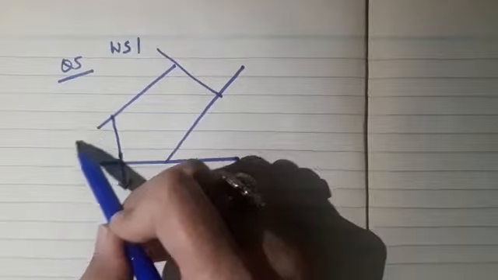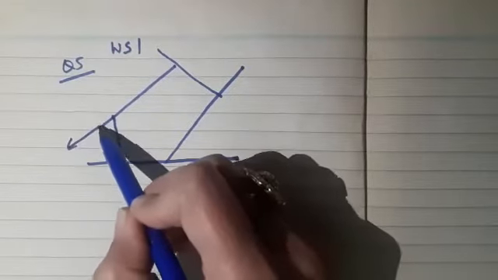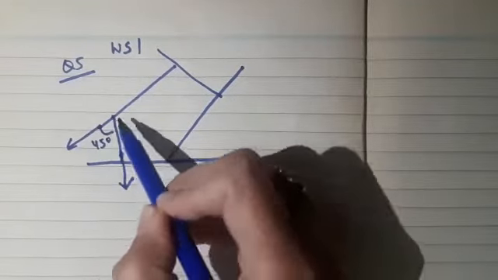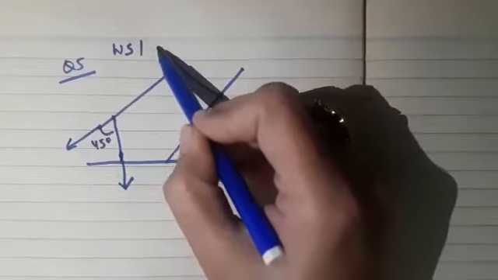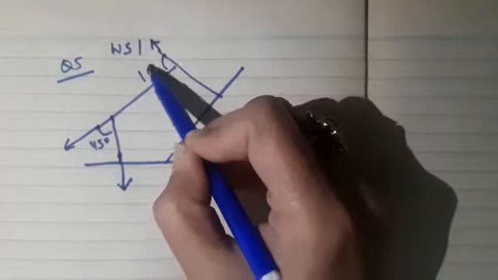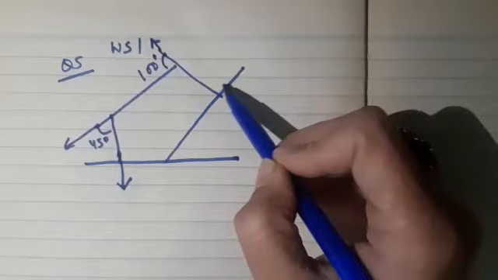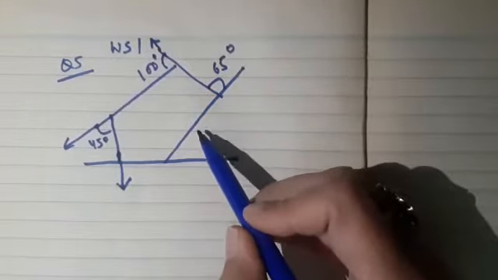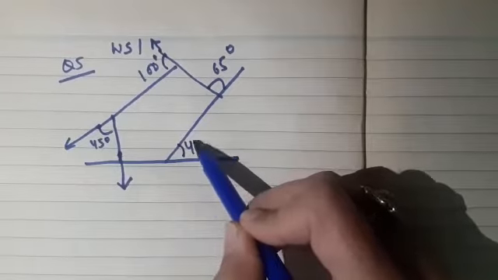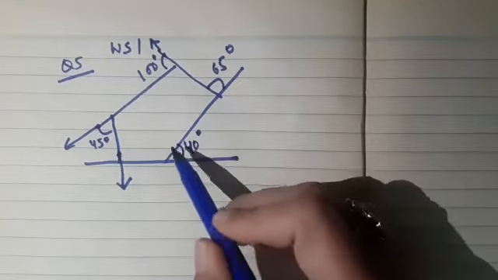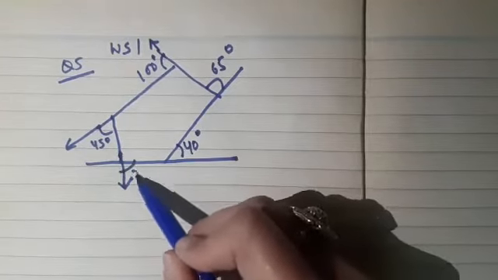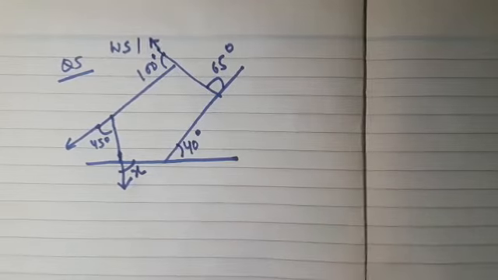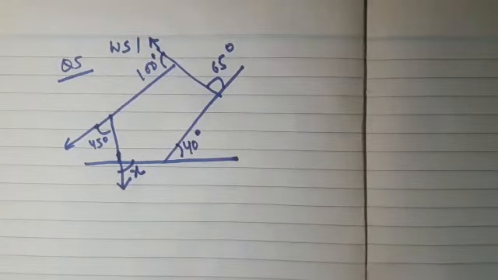Here it is given that this marked angle is 45 degrees, and this marked angle is 100 degrees. This marked angle is 65 degrees, and this is also 40 degrees, and this is x we need to find out, right? So observe the figure carefully.